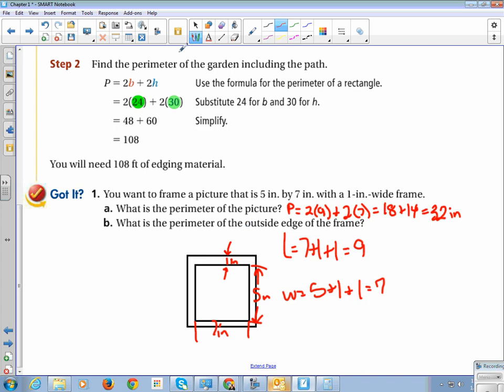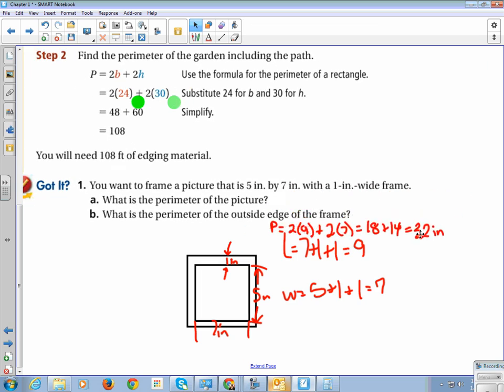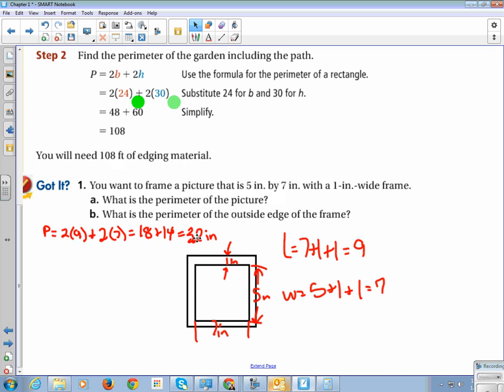Okay, so that's the perimeter of the outside edge. The perimeter of the picture, which we'll do now, is 2 times 5 plus 2 times 7, which is 10 plus 14, which is 24.